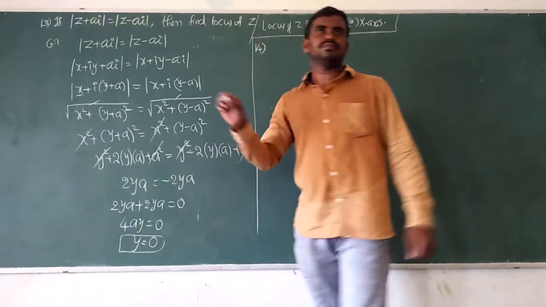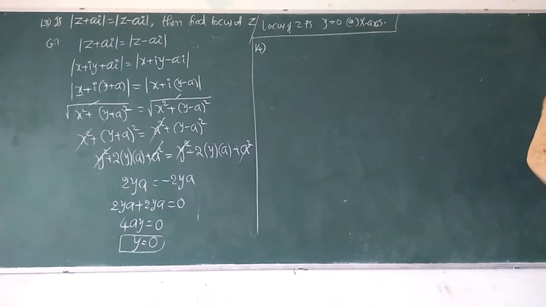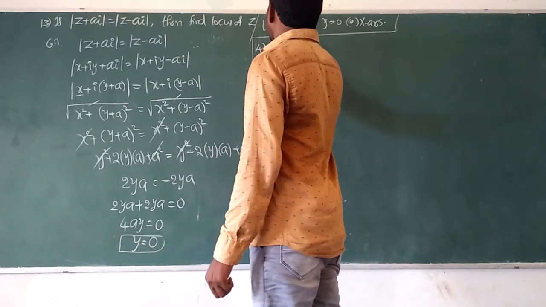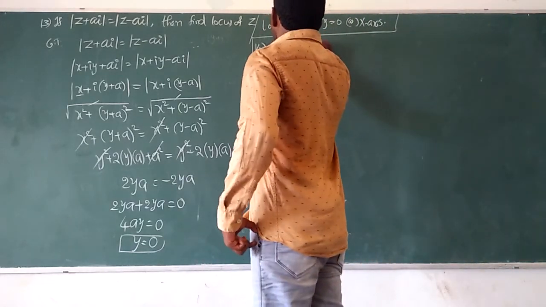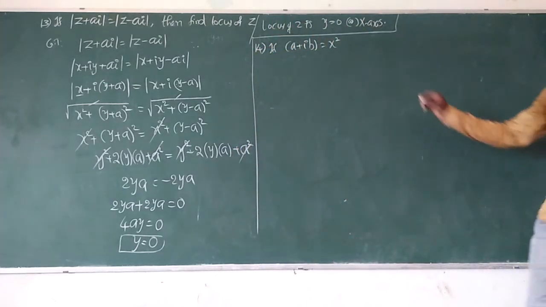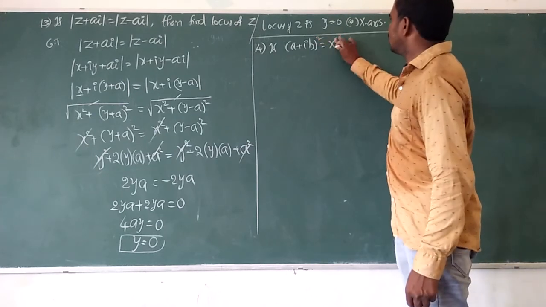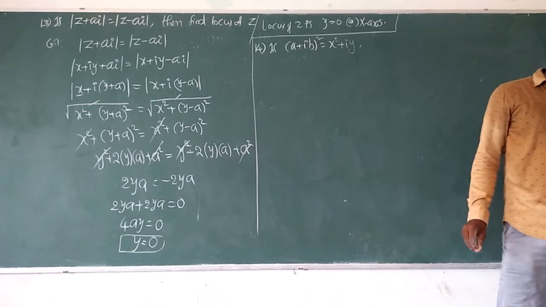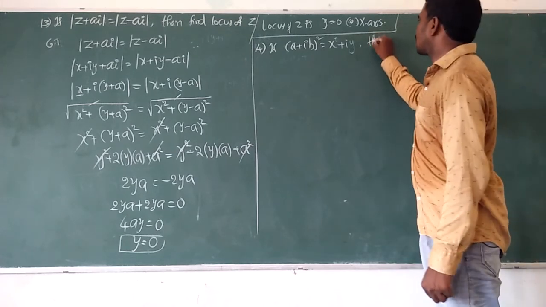Next, 14th question. If a plus ib whole square equal x plus iy, then find x square plus y square.